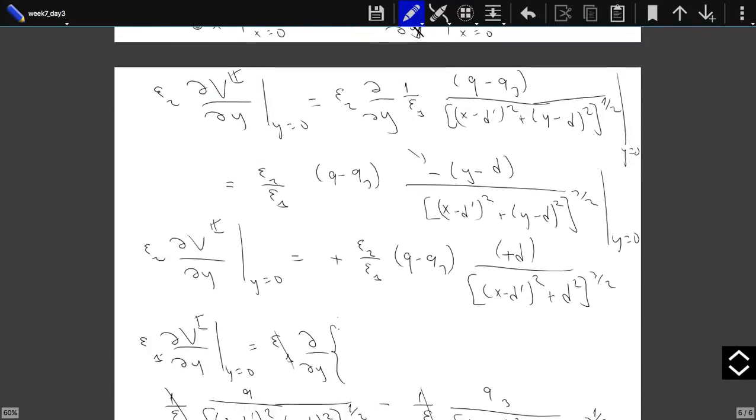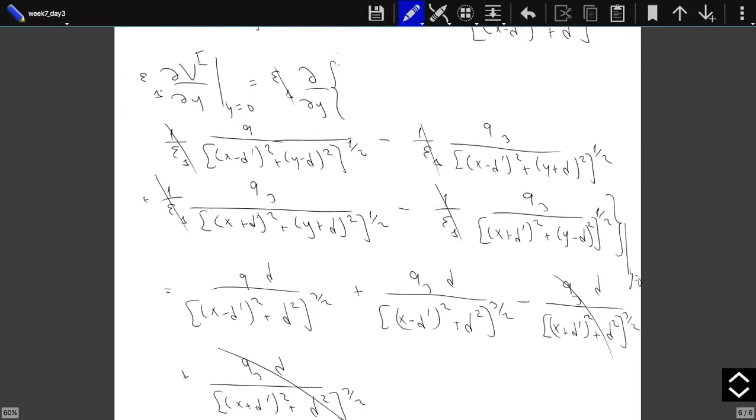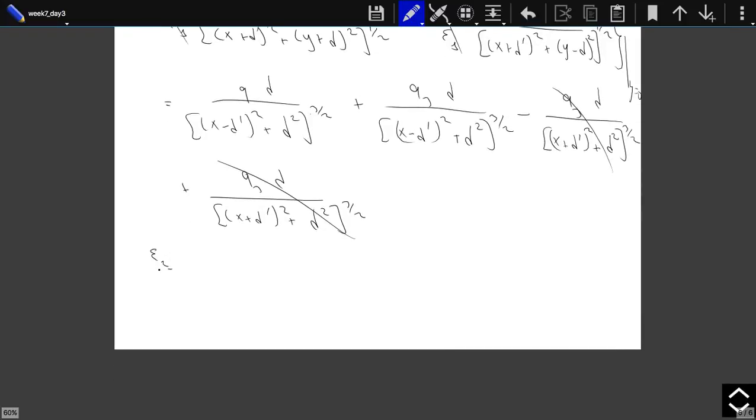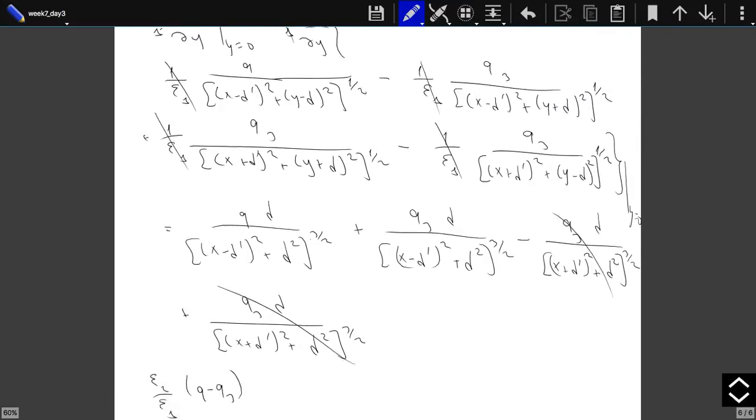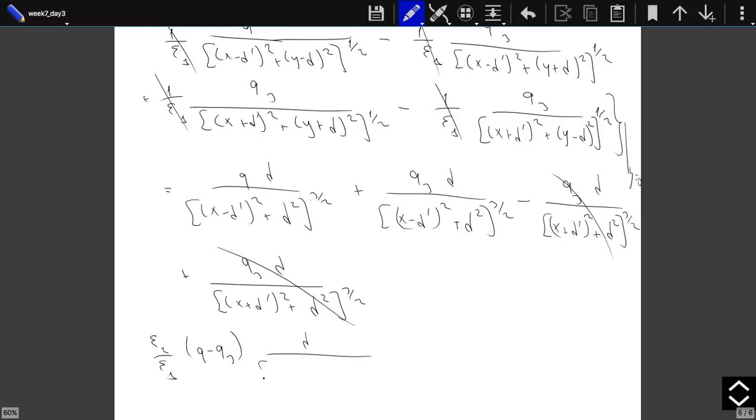So the condition we have now is epsilon 2 over epsilon 1, (q minus q3) d over (x minus d prime) squared plus d squared to the power 3/2. This should be equal to what we are left with, q plus q3 d over the same factor 3/2.